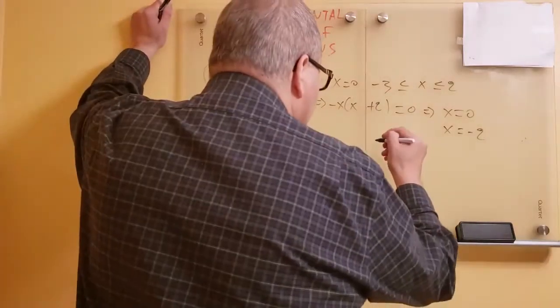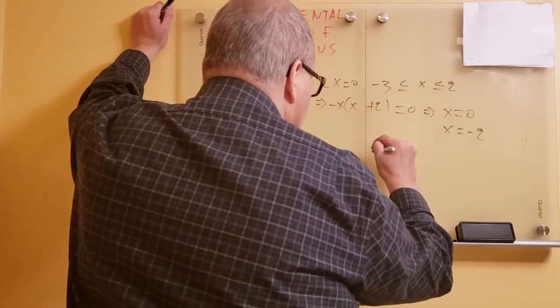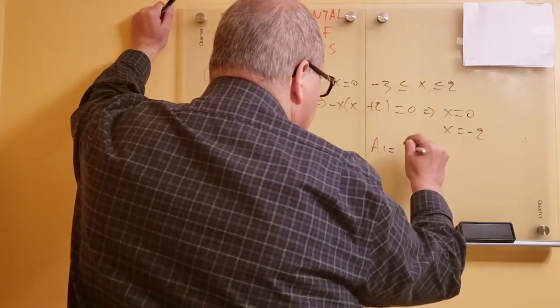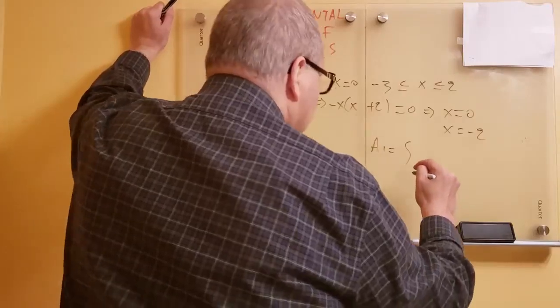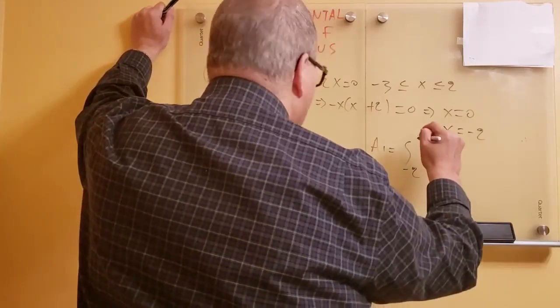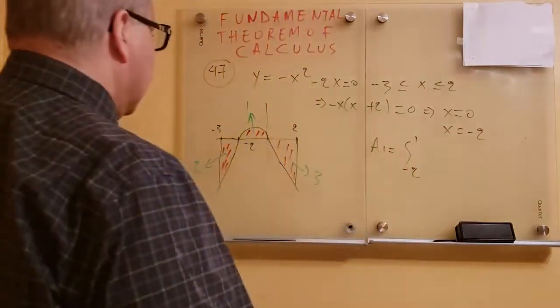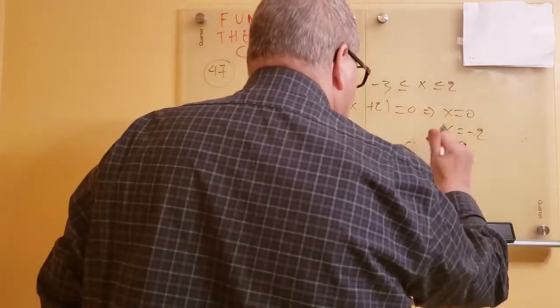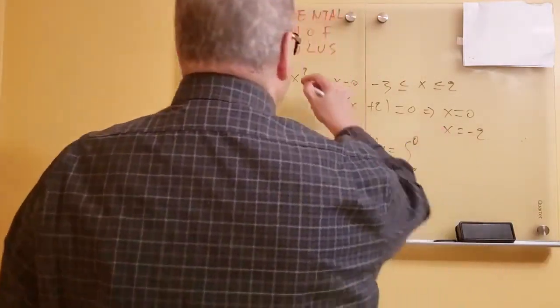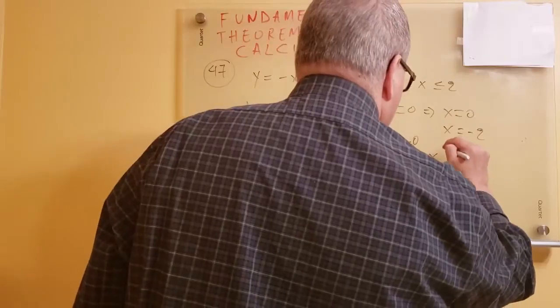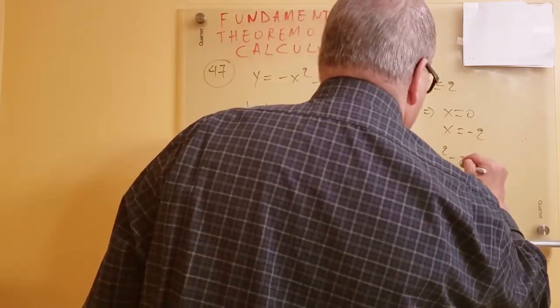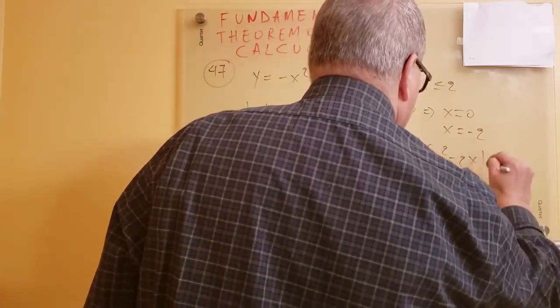So in order to find the area 1, let's say A1, it should be the definite integral from -2 to 0 of this function here, which is x squared minus 2x with respect to x.